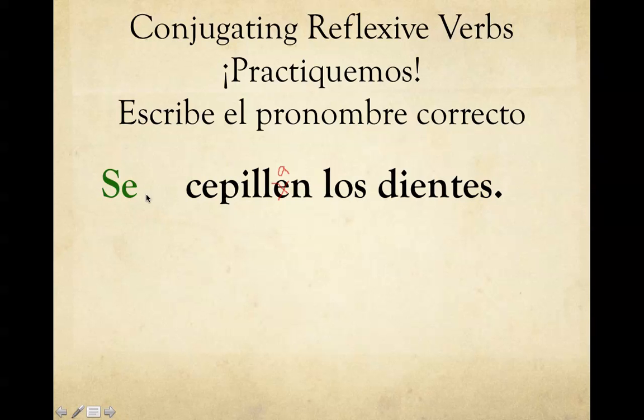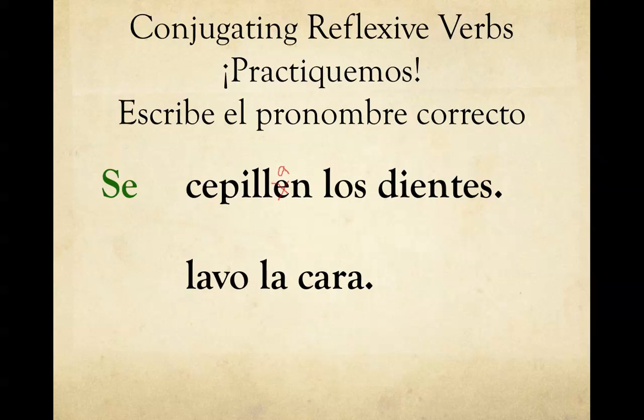So we don't say my teeth, we say the teeth. And really with the reflexive verbs, it's even more included because here you have who is doing what to themselves, which is why you don't actually have to say my teeth, it's just the teeth. Se cepillan los dientes. Vale, seguimos.